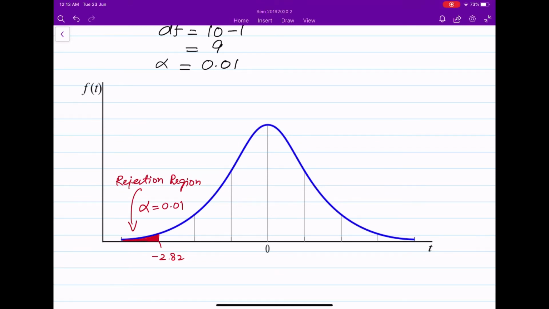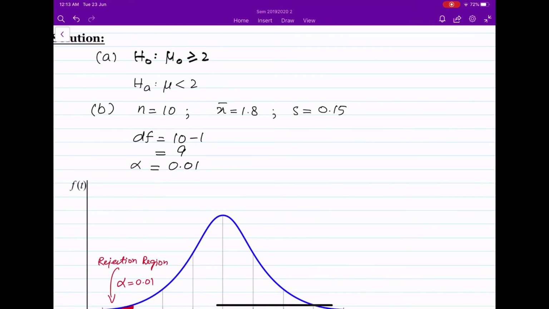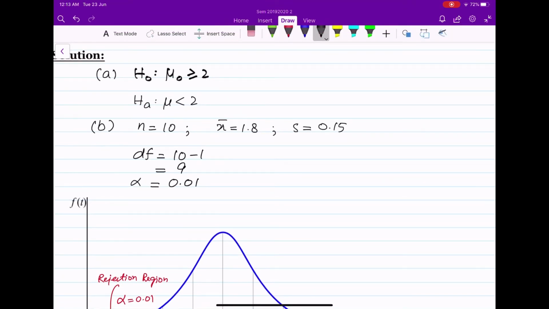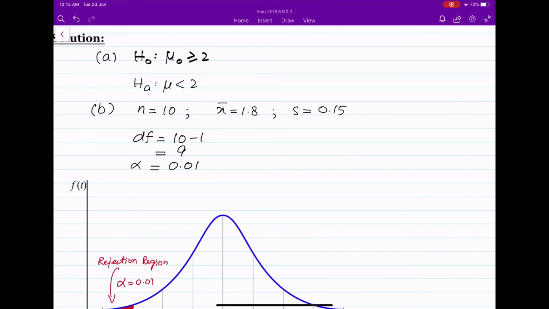Now we will calculate the value of t from our data. The formula for the t statistic is t equals x bar minus mu naught, divided by the standard deviation divided by the square root of the sample size.